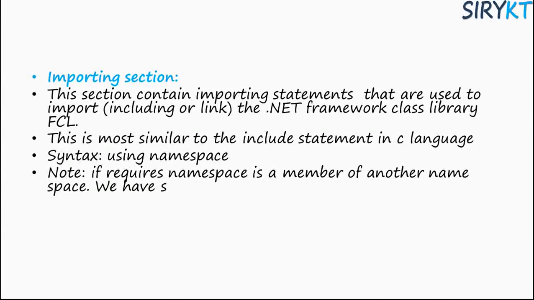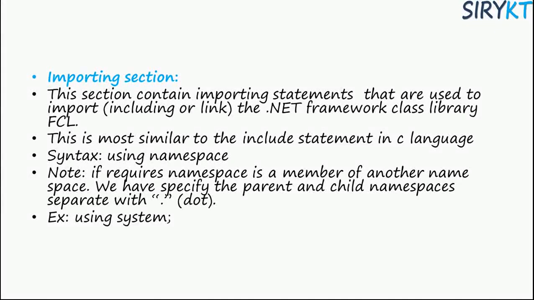Note: if the required namespace is a member of another namespace, you have to specify the parent and the child namespaces separated by a dot. For example, using System.IO, using System.Data are some examples of how we import System by using namespace.